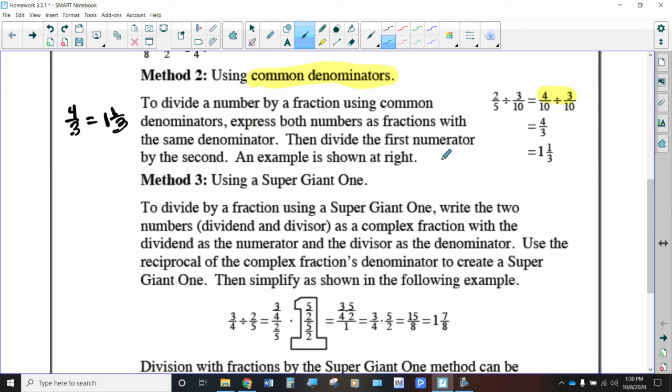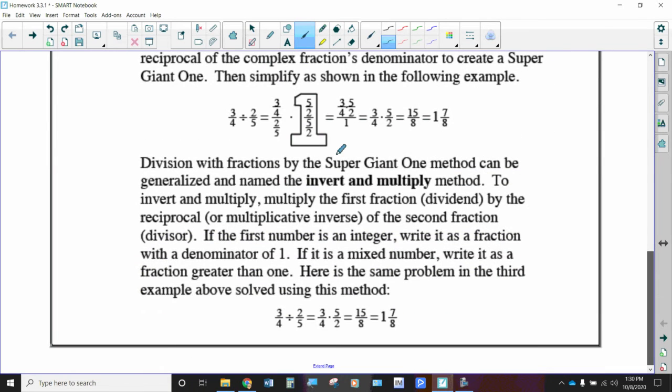And I actually do have quite a number of students that once they see this, they're like, oh, I think I like that. That makes more sense to me. Because with method 3, where you use the supergiant one, this is basically multiplying times the reciprocal, right? So 3/4 divided by 2/5 gives you this if you write it in fraction form.